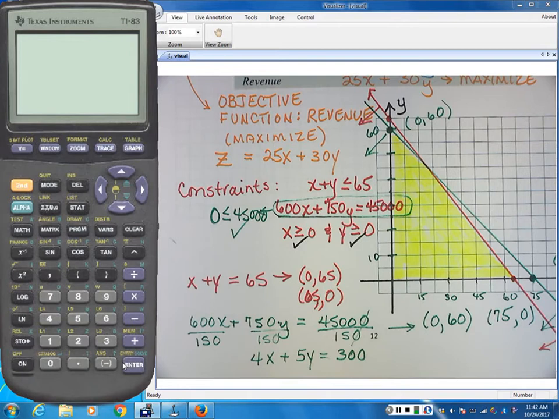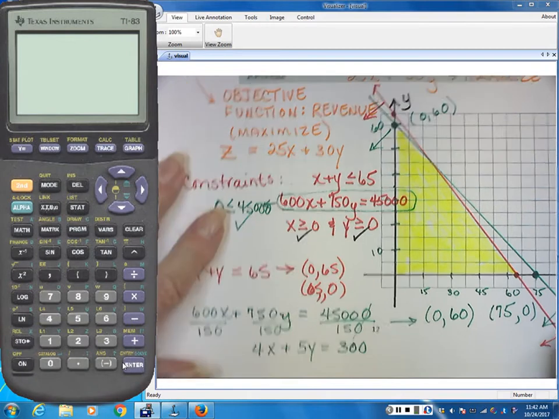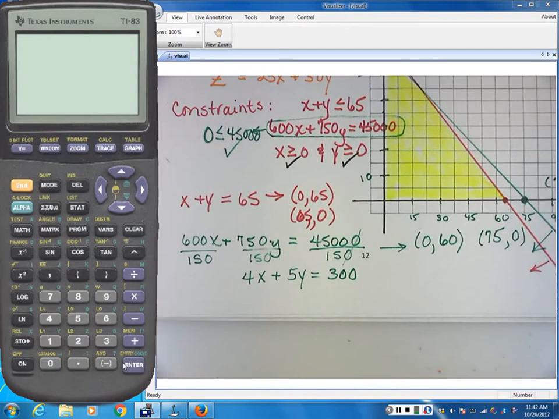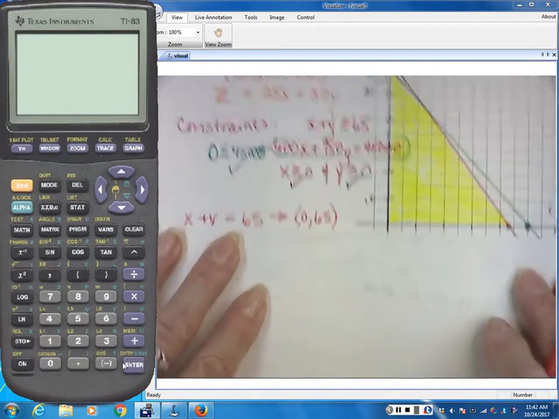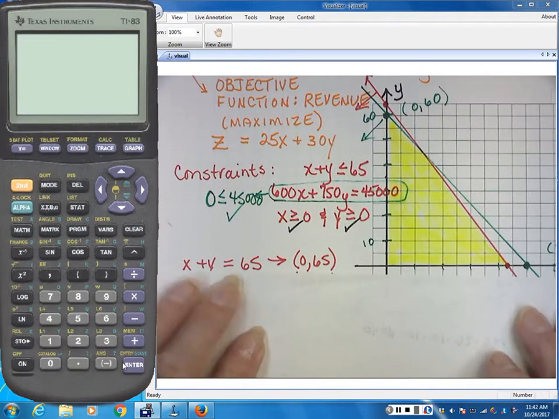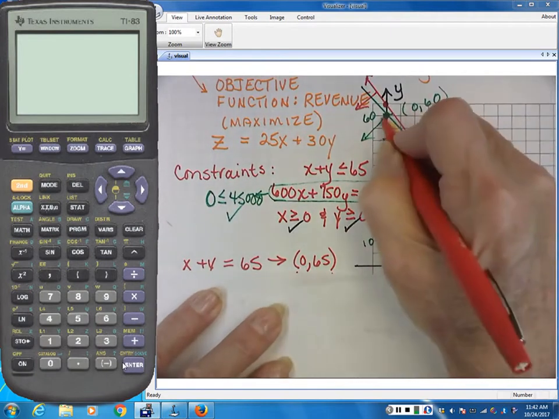And that means then that our corner points, we're going to have to continue on to another piece of paper here. Our corner points are going to be 0, 60.